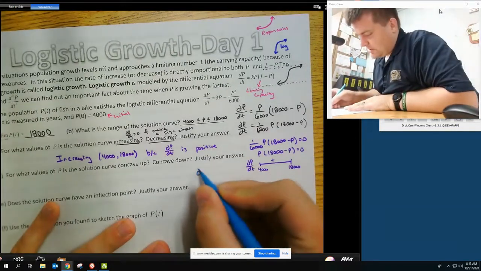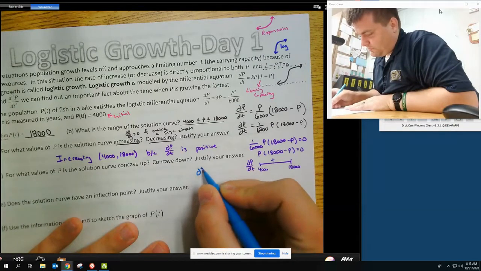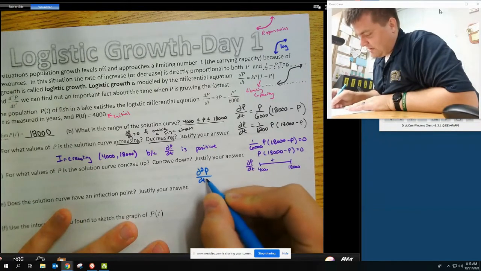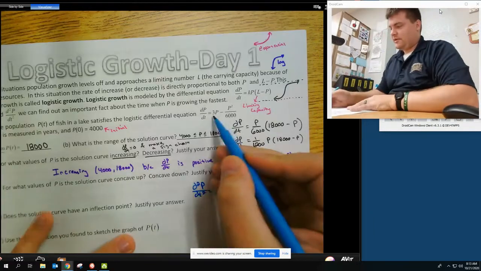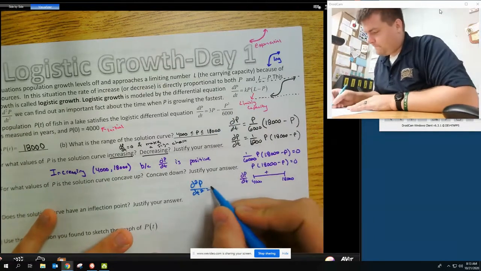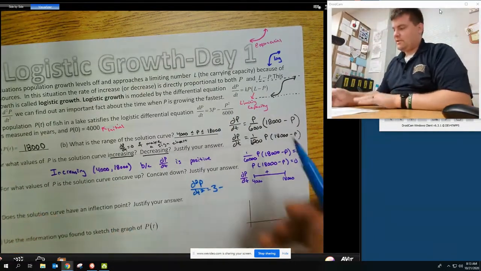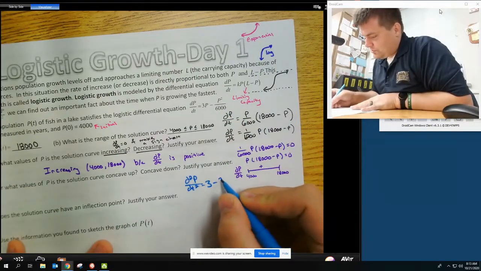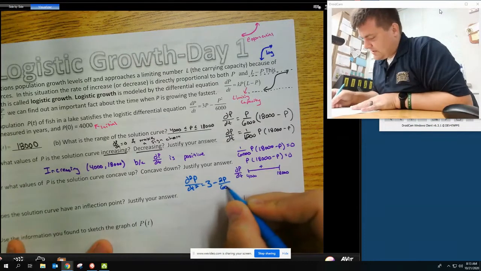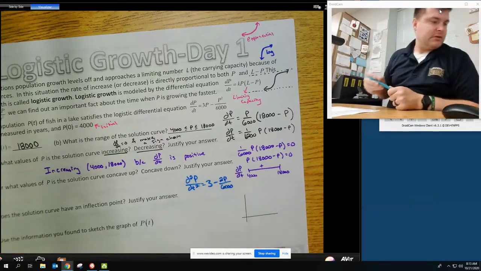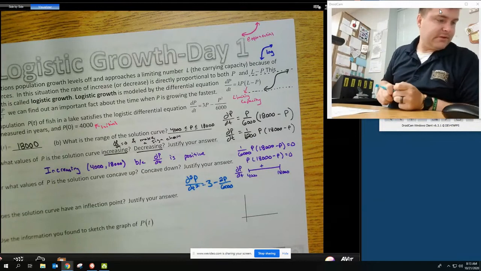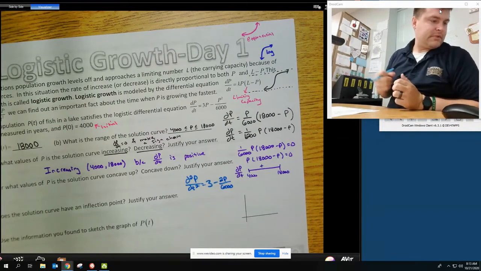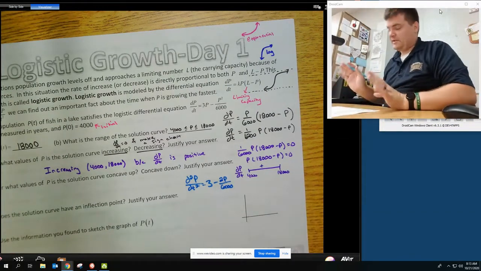The second derivative of P with respect to time is equal to 3 minus 2P over 6,000. Just double checking my work here. Oh, this is with respect to t.